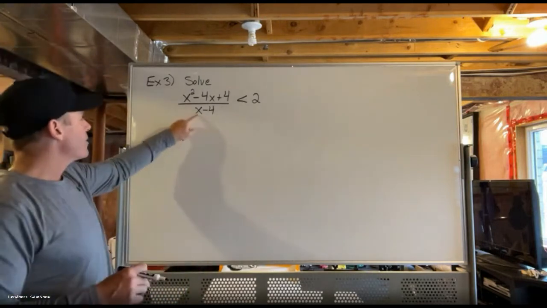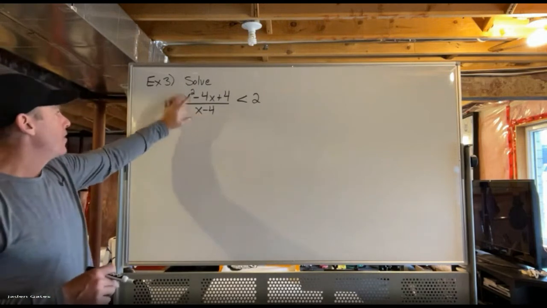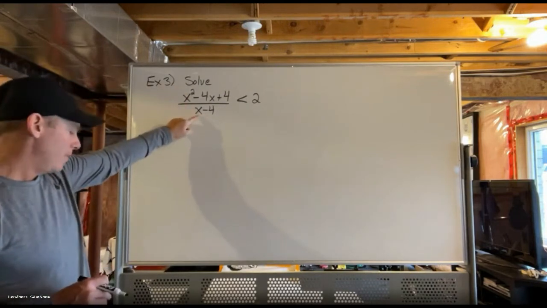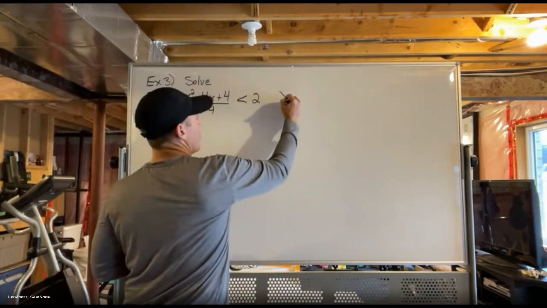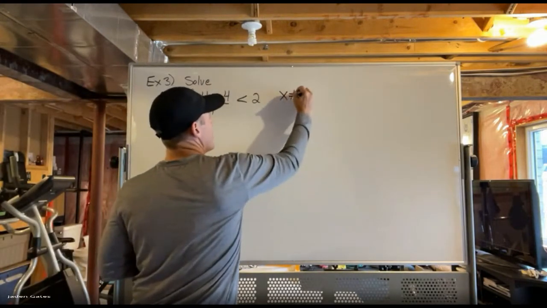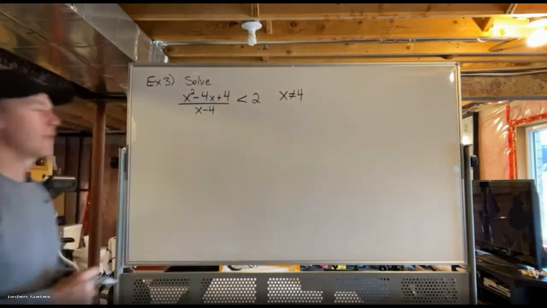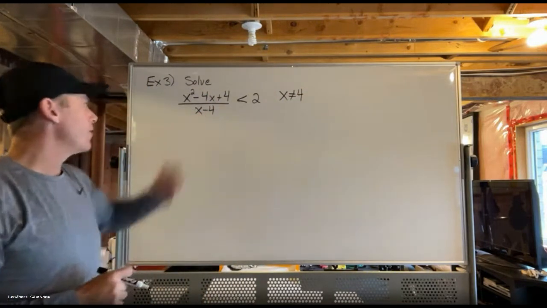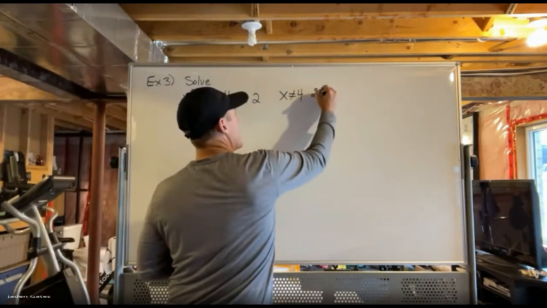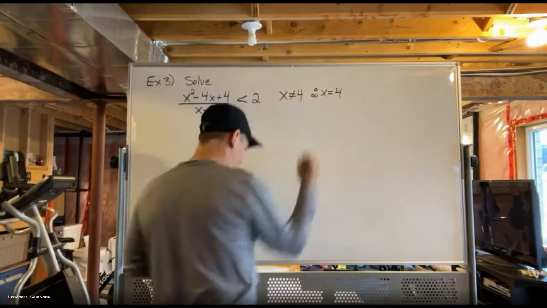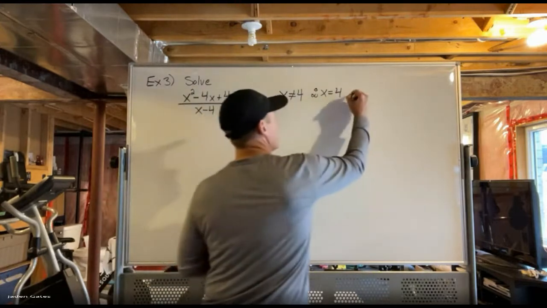In this case, in our denominator here, this graph has a vertical asymptote. One of our restrictions, or special points, is that x cannot equal 4 for this equation because you cannot divide by 0. And so therefore, x = 4 is what we call a critical number.